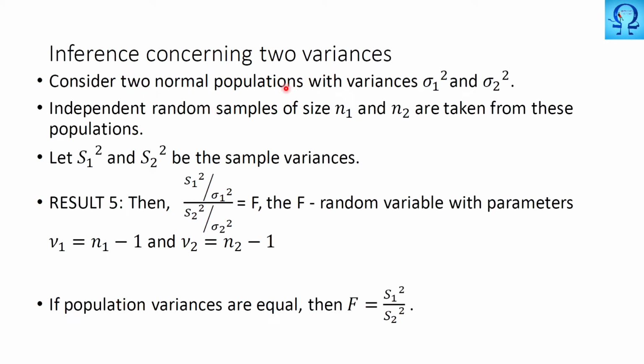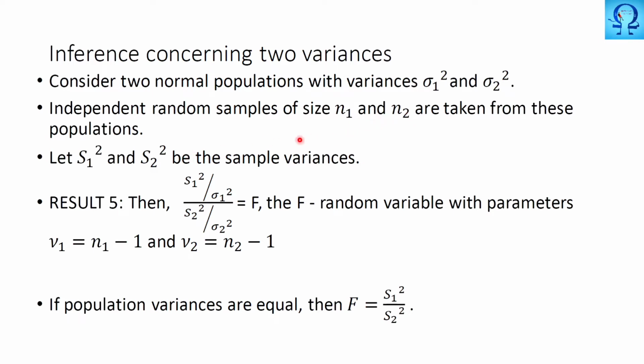From this heading itself, it was clear that we are going to consider two normal populations with two different variances. From the two populations, we are going to take random samples from each population, one of size n1 and the other of size n2. The sample sizes need not be the same, maybe the same, but generally they need not be.